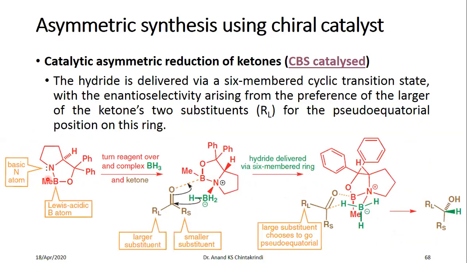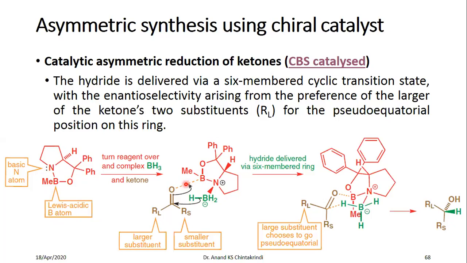Now, the amino portion donates its electrons to the borane and forms a complex. Whereas the boron is a Lewis acid, that means it has an empty p orbital. So the carbonyl oxygen donates its electrons to the p orbital.